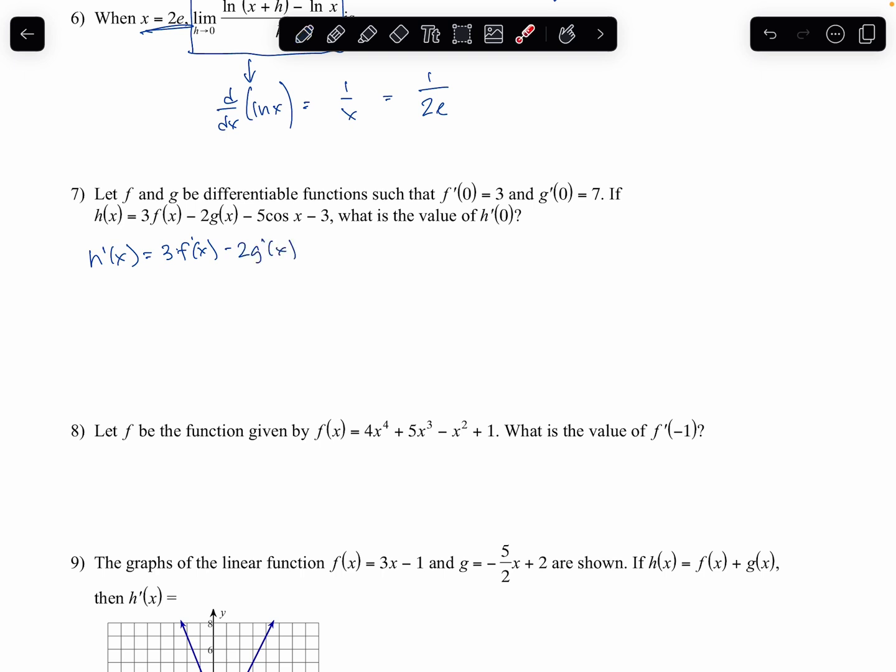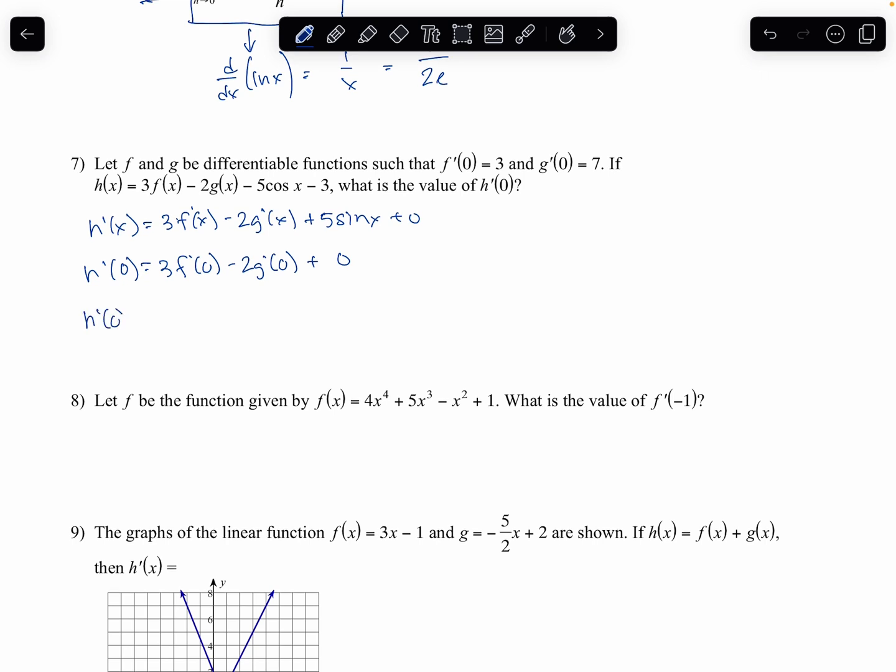The derivative of cosine is negative sine, so that's going to turn to plus 5 sine of x. And the derivative of negative 3 is 0. And we want h prime of 0, that's 3f prime of 0 minus 2g prime of 0 plus 5 sine of 0, which is 0.